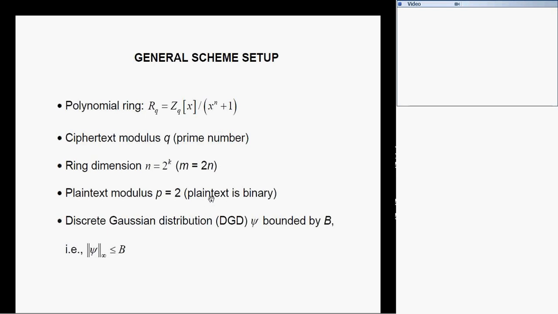In this case, we're going to look again at the simplest case, when the plaintext modulus p is equal to 2, which means that when we represent the plaintext as a polynomial, the coefficients are going to be either 0 or 1. Again, this is the simplest case, but the one that can be implemented.